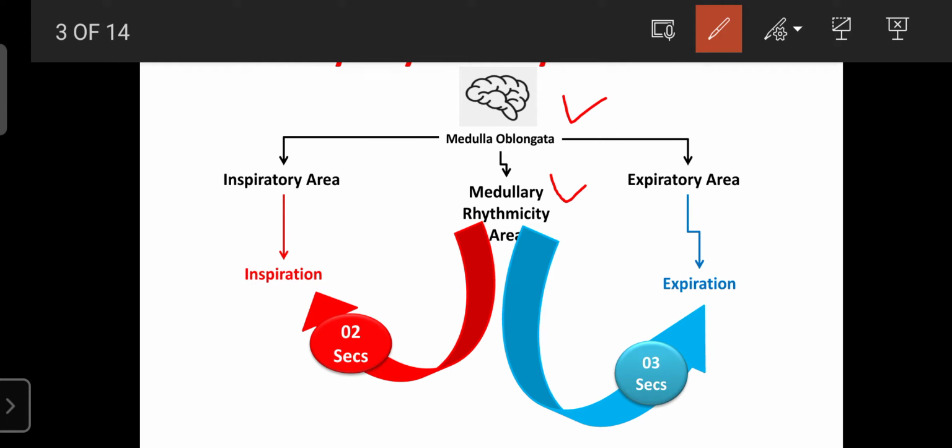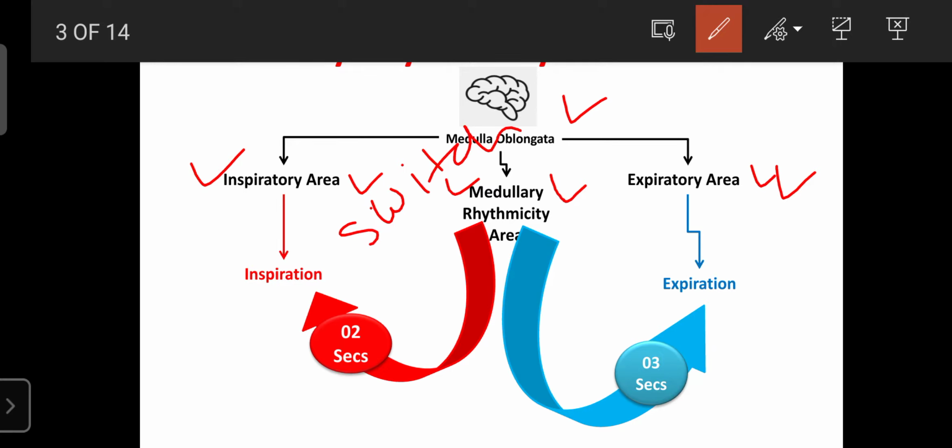This medullary rhythmicity area mainly regulates inspiration as well as expiration by stimulating the inspiratory area or expiratory area. In normal conditions, this area acts as a switch. Already you know the use of a switch in our home.